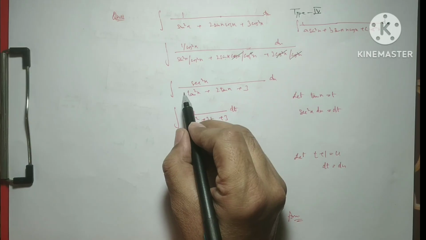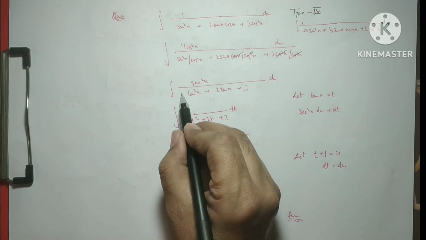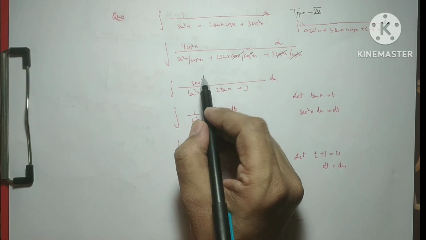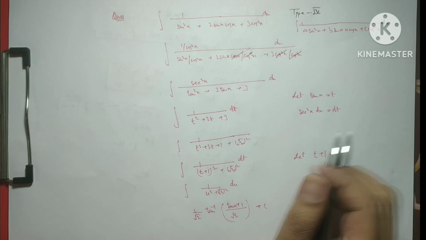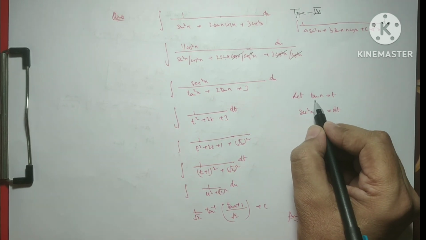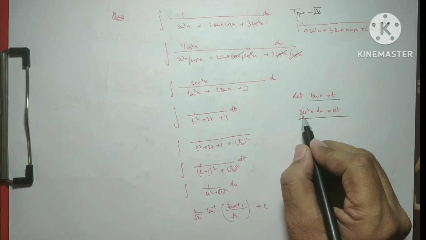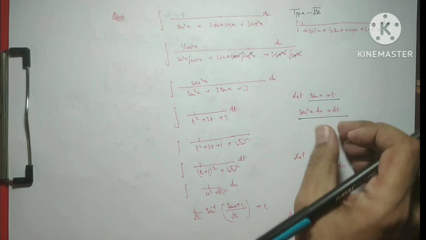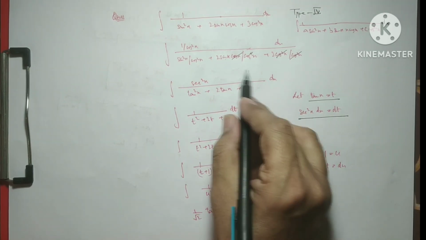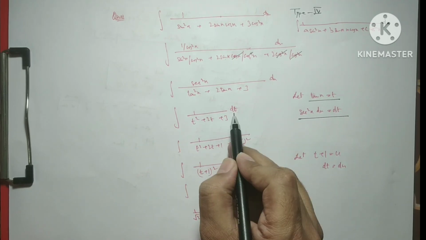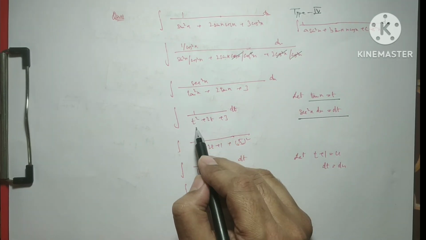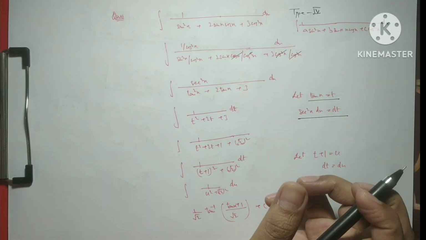You can see clearly now the denominator is in terms of tan x and the numerator in terms of sec square x. Then we can assume tan x as t, and its differentiation is sec square x dx equals dt. Now we put these in this expression. So the numerator becomes dt, and this is t square plus 2t plus 3.